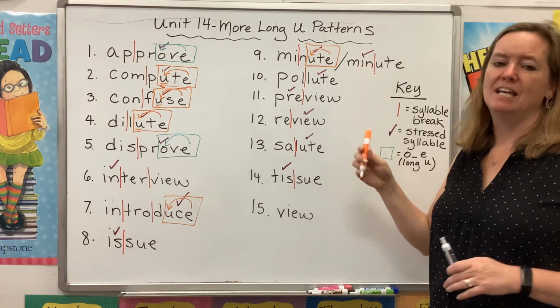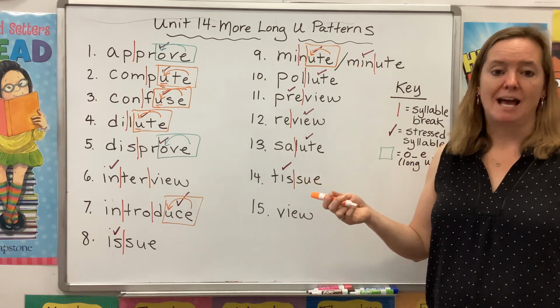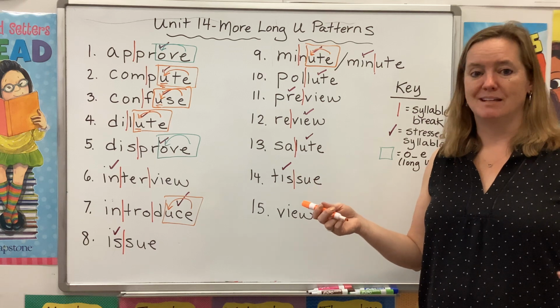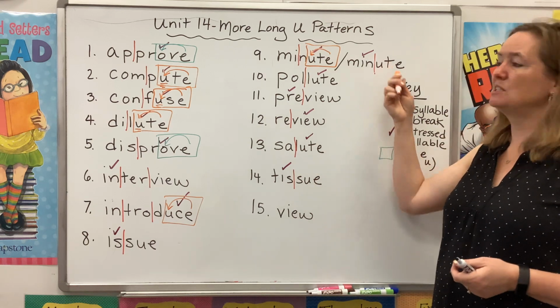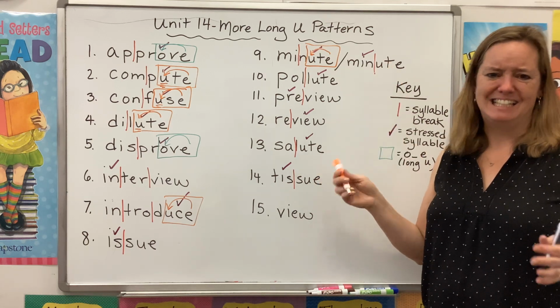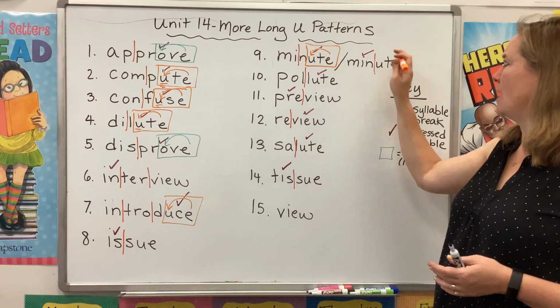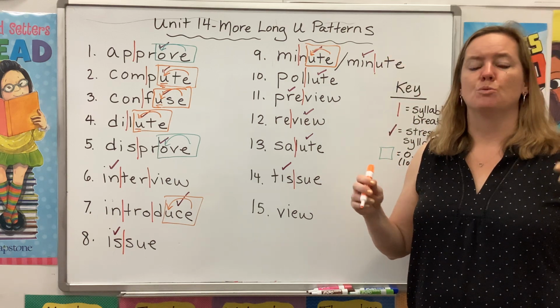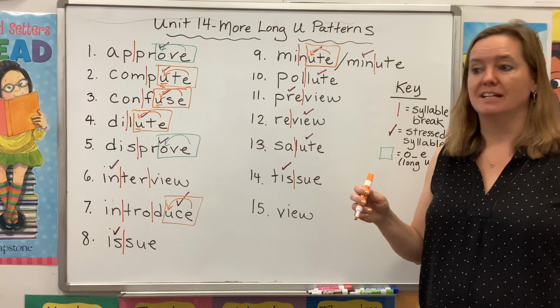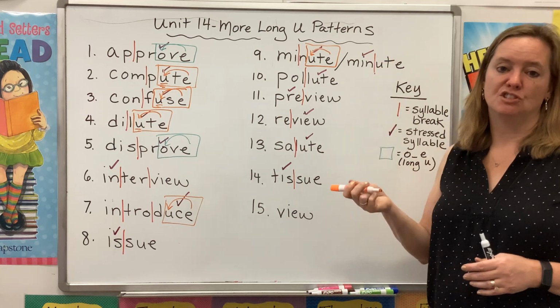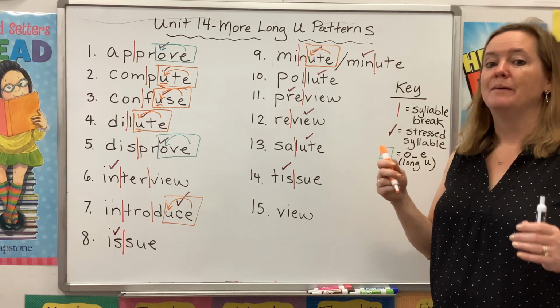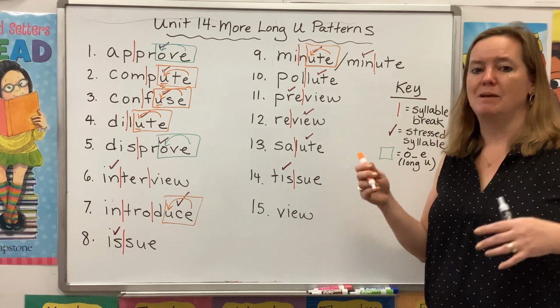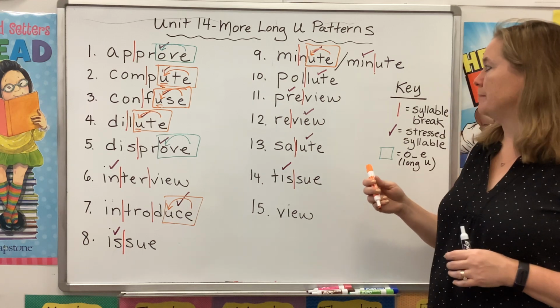This word, minute, is a unit of time, right? 60 seconds makes up a minute. Notice in this pronunciation, that silent E isn't really doing anything. That whole syllable is turning into a schwa sound, min-ut, right? Because it's not stressed. So the U, the T, and the E are working together to make an ut sound.